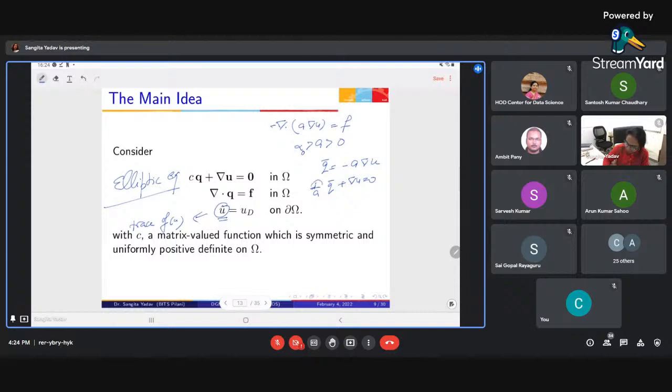If you choose this 1 by A as the function c, you will get the first and the second equation. So we had a higher order differential equation, and we have reduced it to a system of first order differential equations, which is known as a mixed method. We have two variables u and q, where one is known as the primal variable and the other as the dual variable.